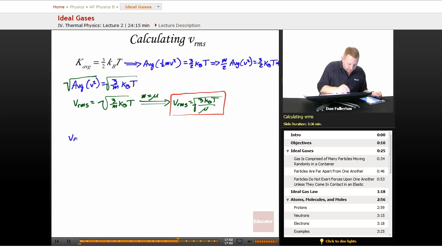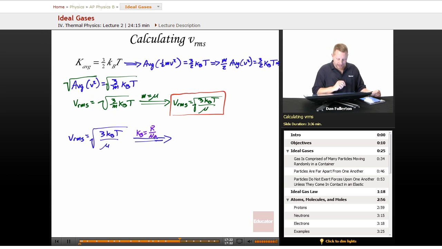If we start with the root mean square velocity equal to the square root of 3 kB T over mu, this implies then, knowing that Boltzmann's constant, kB, is actually R over Avogadro's number, Na, that we could write VRMS, or root mean square velocity, as equal to the square root of 3.